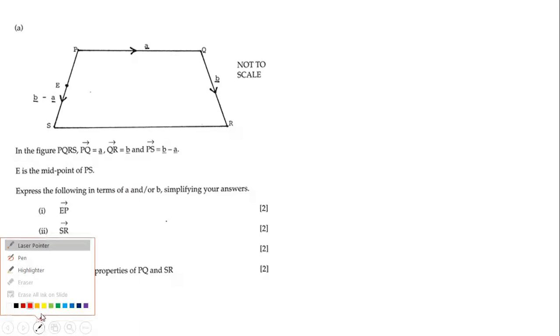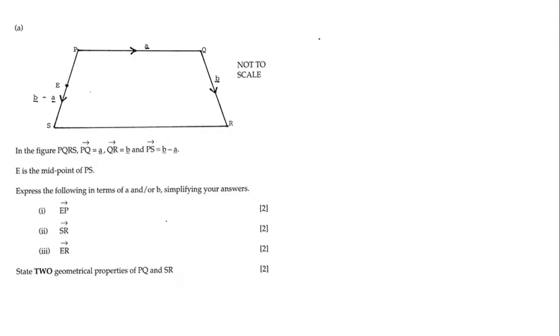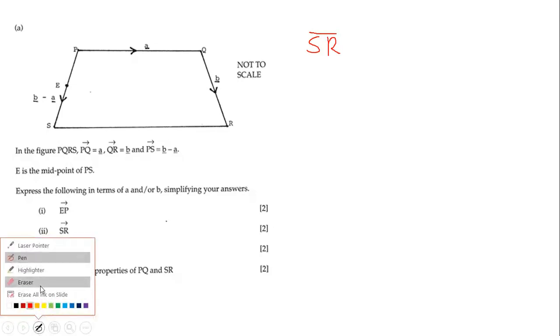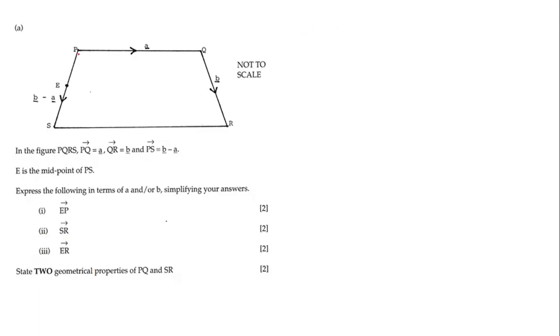Well, let's see. Instead of starting with SR, let's start with PQ. So we know that the vector PQ is actually equal to A bar.